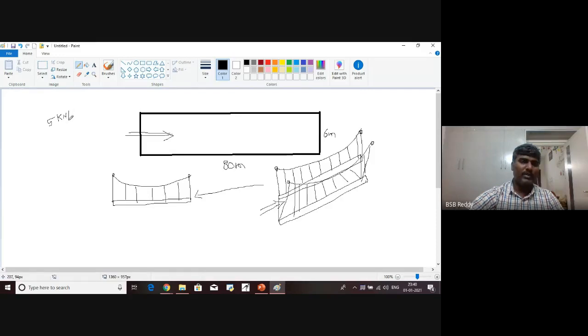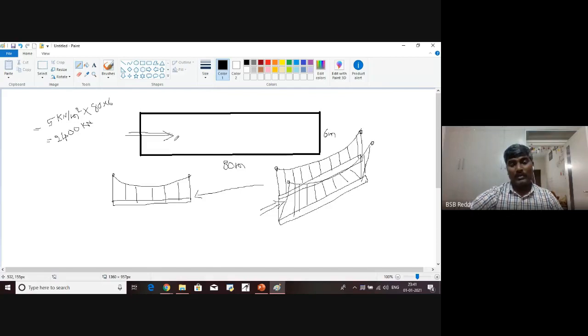So multiplied by the area on which it is acting, 80 into 6, will give you the total load. How much is this? 6 fives are 30, and 300 into 8, 2400 kilonewtons.